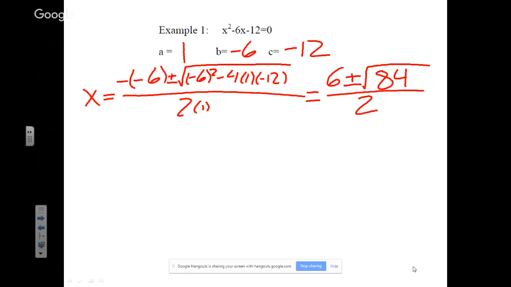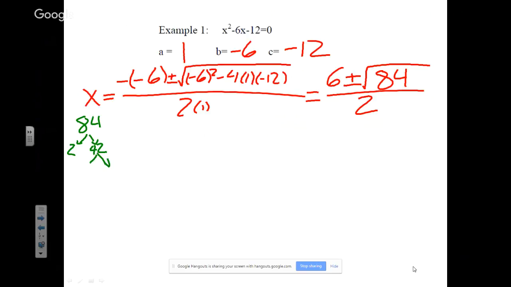So what we were looking at last week is that we can break this down into a couple things. So we can break it down into 2, and then what do you multiply by 2 to get 84? We're working with 84. So you can break it into 4 or break it into 2 and 42.